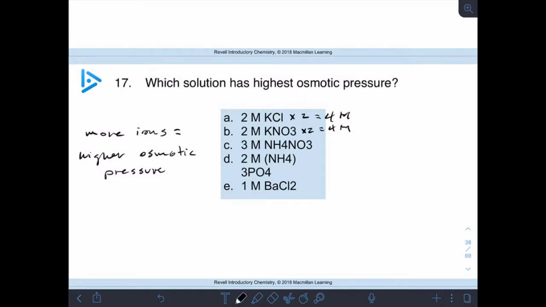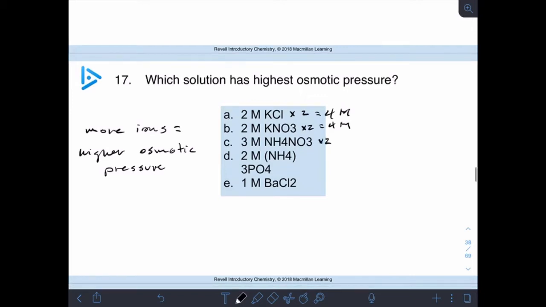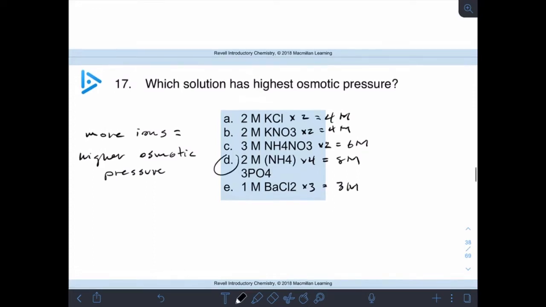NH4NO3, that's ammonium, NH4 plus and NO3 minus, so 2 ions there, gives us 6 molar. (NH4)3PO4, that should be all in one line, sorry. So that gives us 3 ammoniums and 1 phosphate, so that's times 4 ions, gives us 8 molar. And 1 molar barium chloride, that gives 3 ions, 1 barium and 2 chlorines, so that gives us 3 molar. Okay, so our winner is the 2 molar ammonium phosphate.